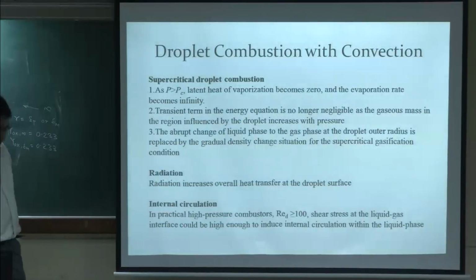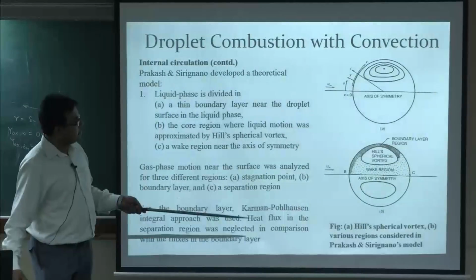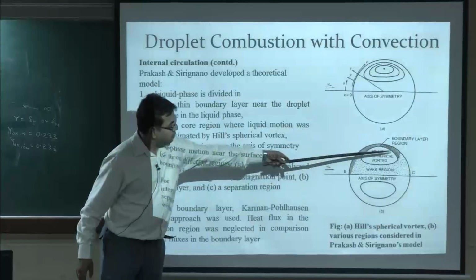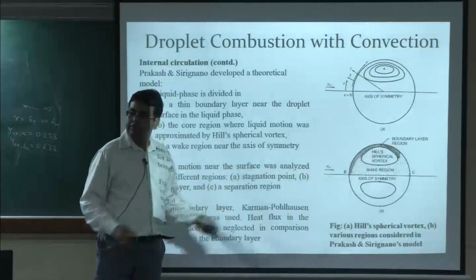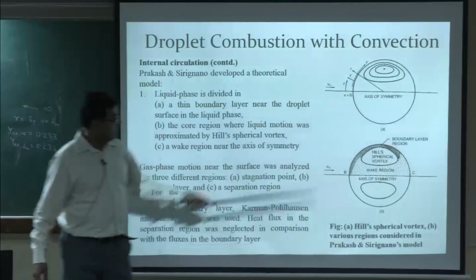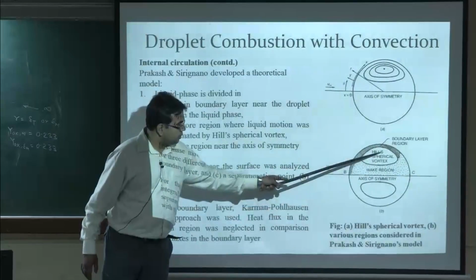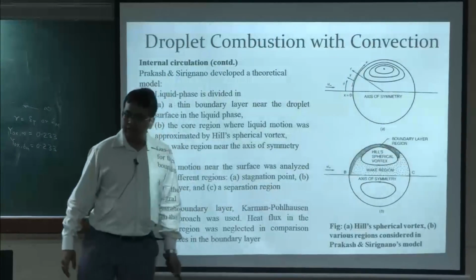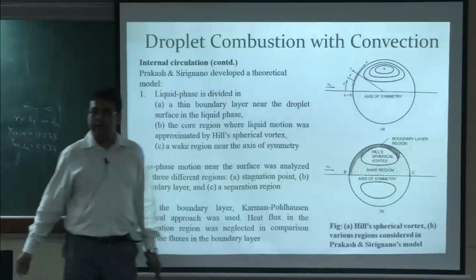Internal circulation. Suppose we have a droplet. If you dissect the droplet, you can see that there are basically 3 regions. Near the droplet surface we have a boundary layer region, which you can approximate like a boundary layer flow. Inside that we have counter rotating vortices, like Hill's spherical vortex, and then we have a wake region. This plays a dominant role in the transient heating of the droplet.